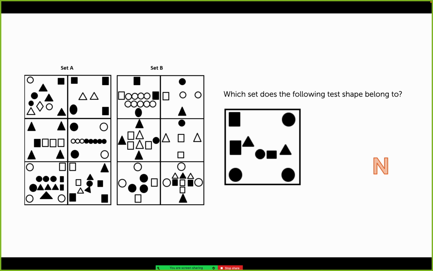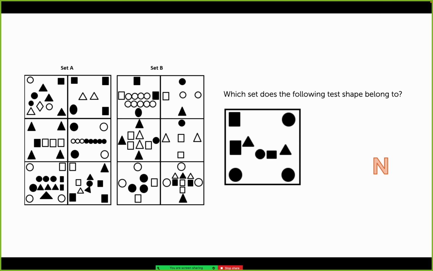So the instructions are: set A contains predominantly black shapes while set B contains predominantly white shapes. You did that correctly. Set A contains at least 4 shapes in the corners. Set B contains 4 shapes in the edges. The shape which is given is not predominantly black. It is all black.